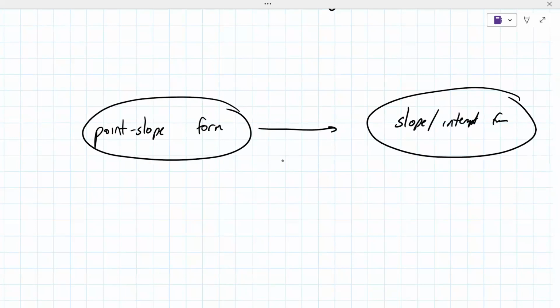There are certain progressions that are easier than others, and going backwards is really difficult, typically.